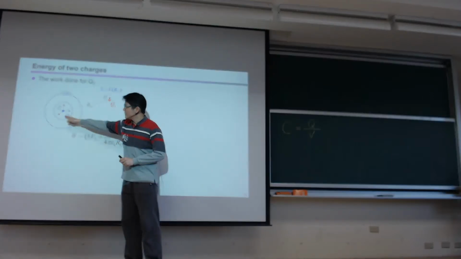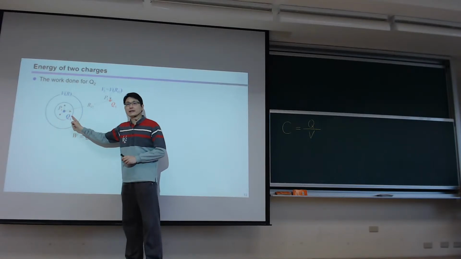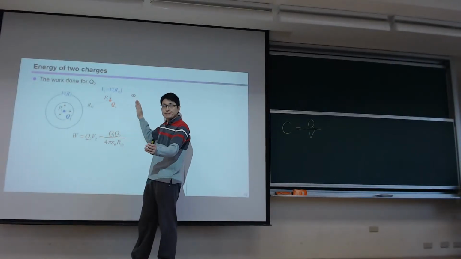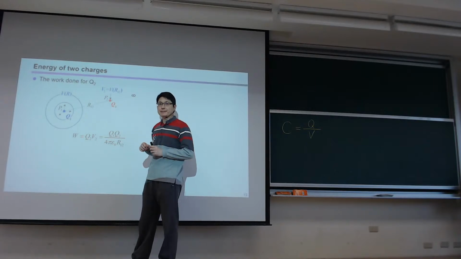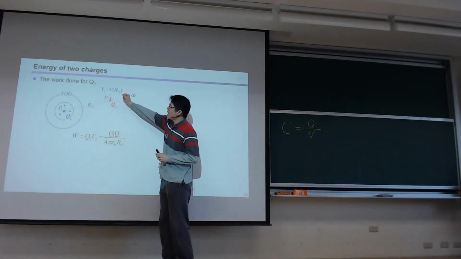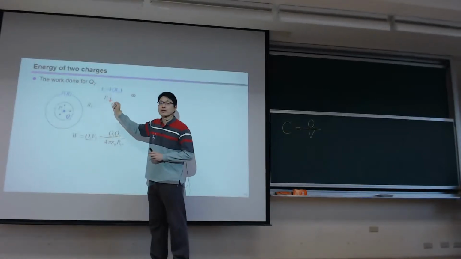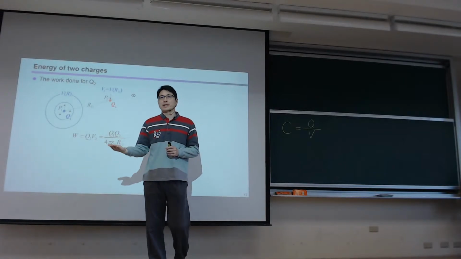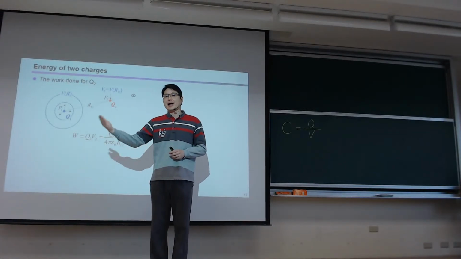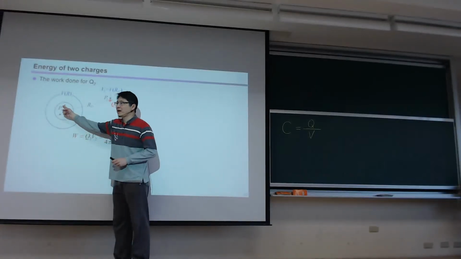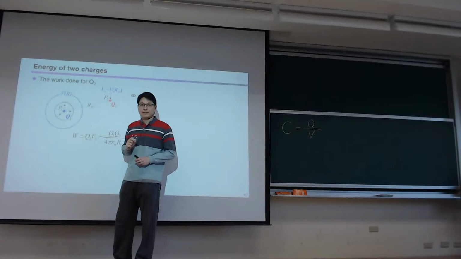With the presence of charged particle 1, it generates its field pattern, a radial field pattern. And somehow, when I'm bringing the second particle to this location, I have to do work. I need to counteract the field being generated by the first particle, right?